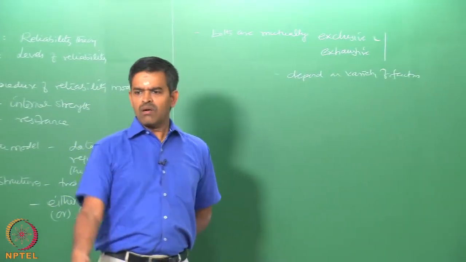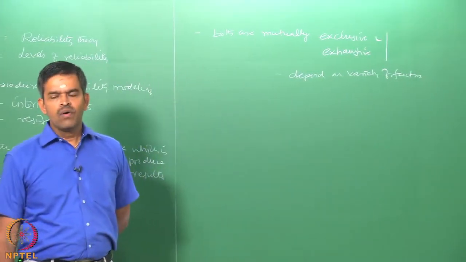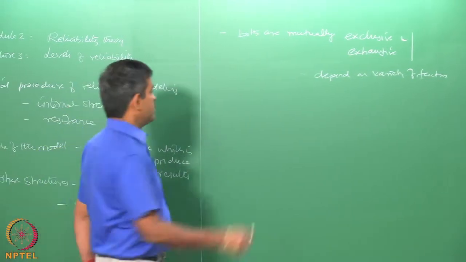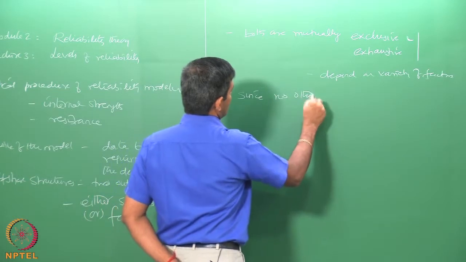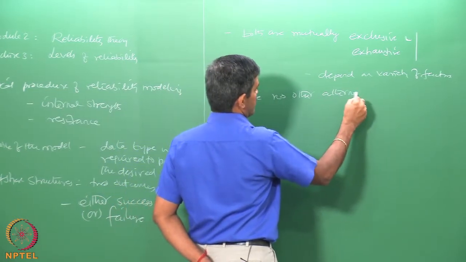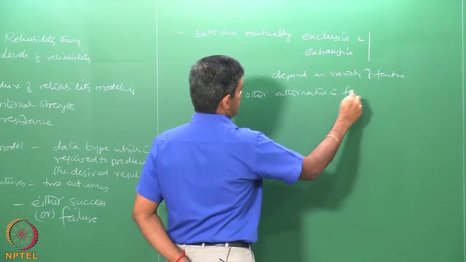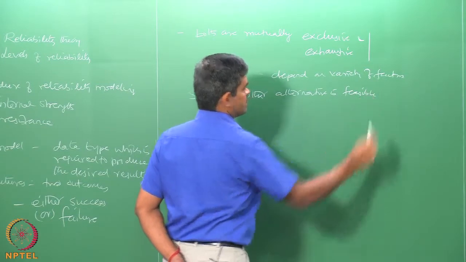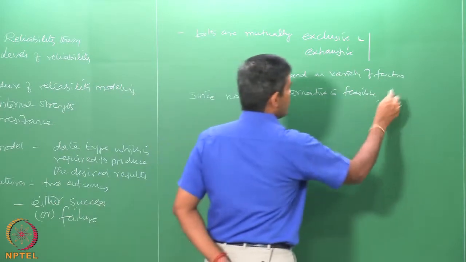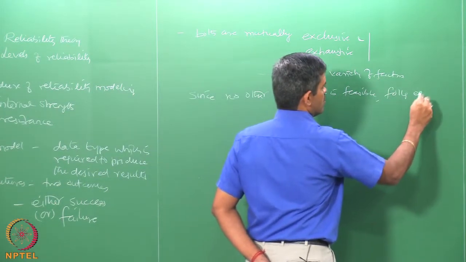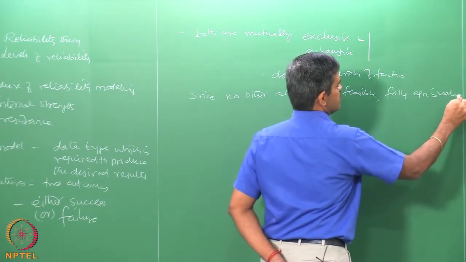So, as no other alternative is feasible, one can write the following statement: since, except success or failure, no other alternative is feasible, the following equation is valid.